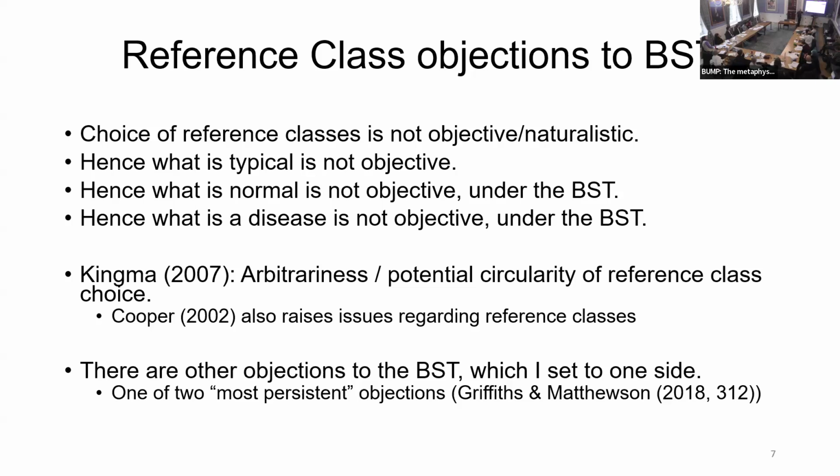The other is what gets sometimes referred to as the universal disease objection: if all Homo sapiens suffer from gum inflammation, it could come out that none of us are suffering from a disease on the BST account, and that's totally counterintuitive. In fact, that universal disease objection is closely related to the reference class problem.